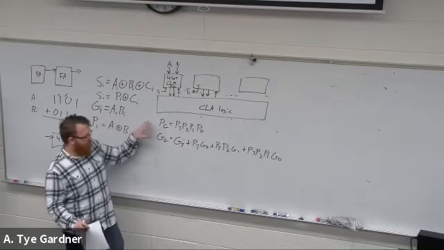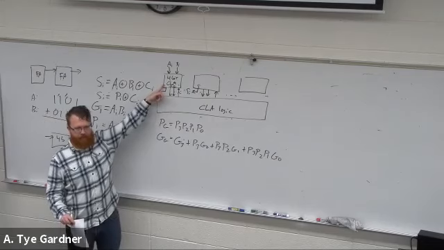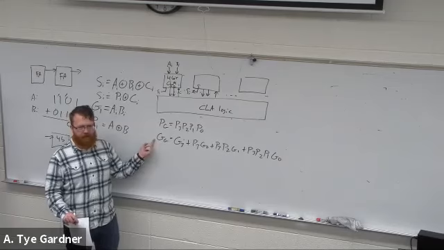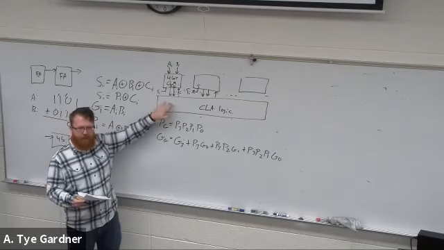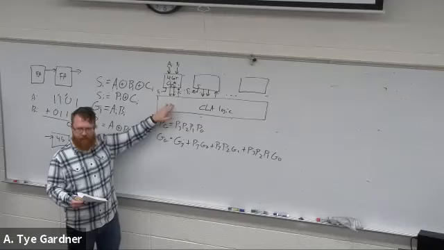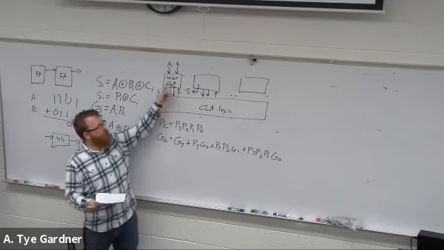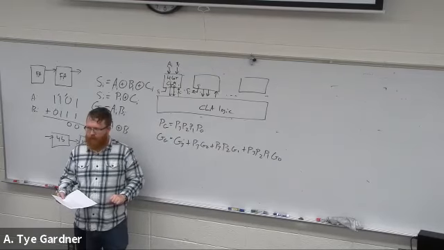The nice thing is, none of my equations inside of the CLAs get more complicated than that. So they create these group propagates and group generates, and then I just have to go in and use the same type of CLA logic, right? It actually doesn't really change to determine each of these groups of 4. Make sense?